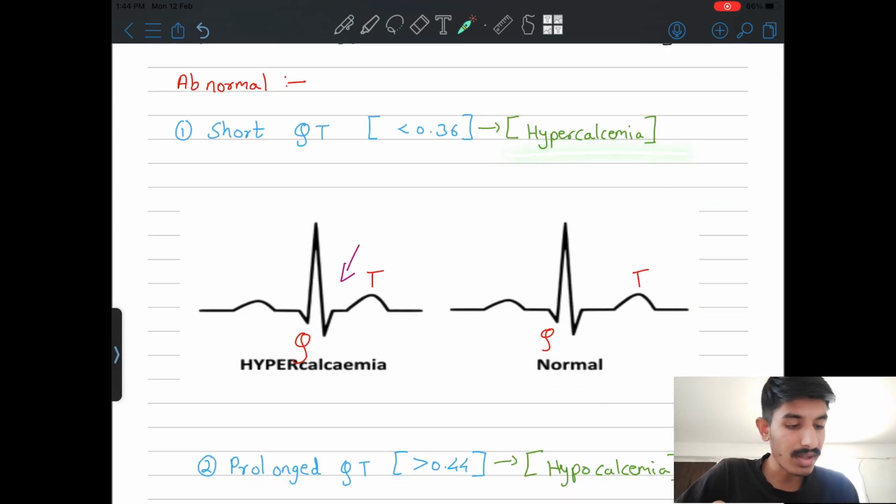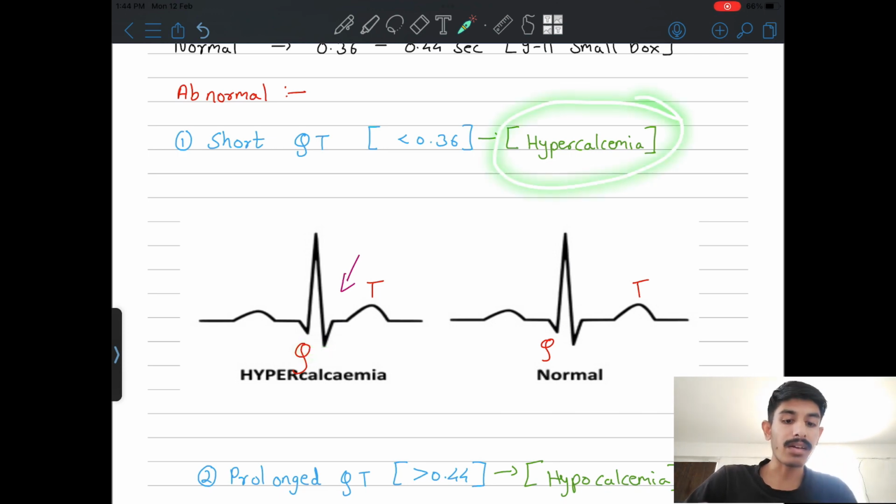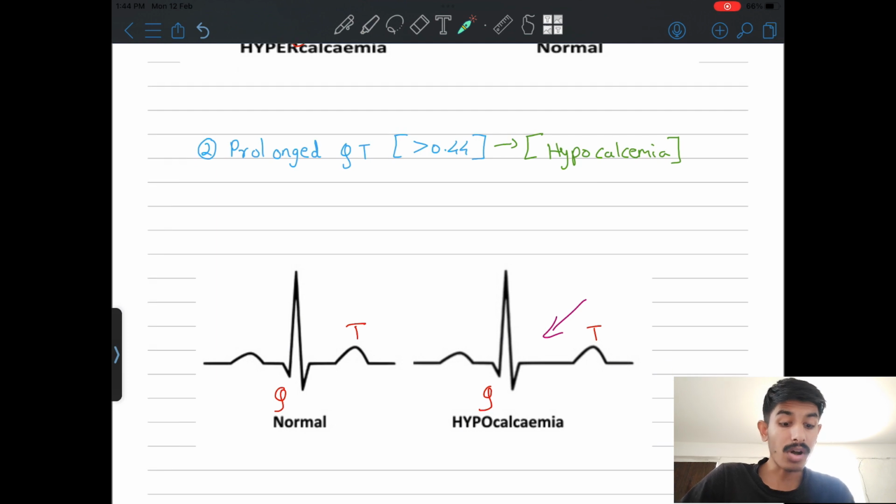As you can see, this is the normal, this is your Q and this is your T. In the normal one the gap is larger, but here you can see it is so small, so it is telling hypercalcemia. And if it's long, going too long compared with normal, it is telling hypocalcemia. That's it. Only this you have to remember, and you are sorted.